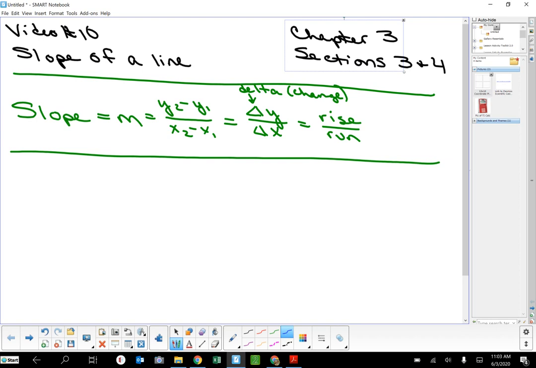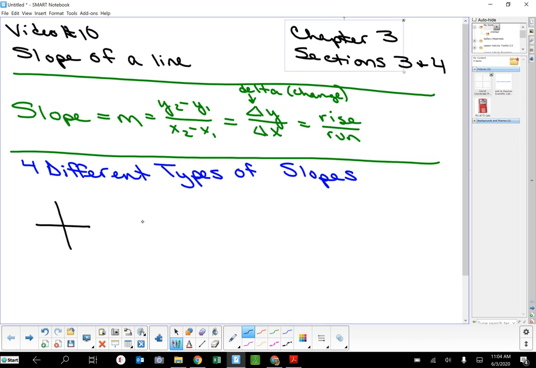There are 4 different types of slopes that we can classify. And it's important that you are aware of how these look so that you can quickly look at a graph and go, oh, I have the wrong slope. So draw yourself 4 different little coordinate planes here, just little sketches, because we're just going to put some quick lines on them.